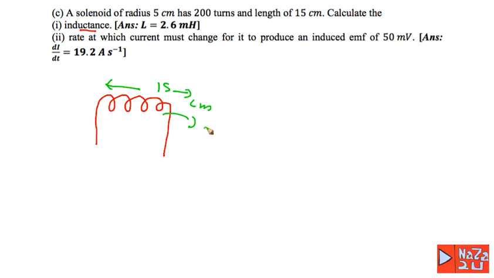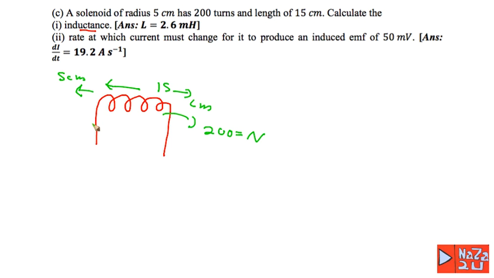Number of turns is 200, this is n, and the radius of the solenoid is 5 centimeter. So this is the information given by the question for the solenoid.